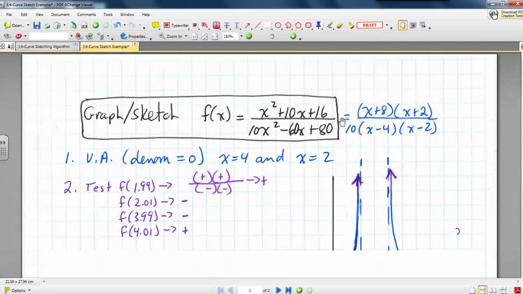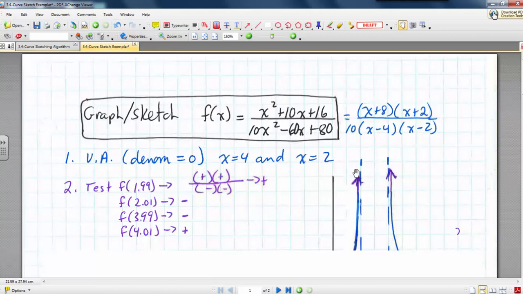If I put 1.99 into this first bracket, I get 1.99 plus 8, that's a positive value. 1.99 plus 2 is also positive. 1.99 minus 4 is negative. I'm going to get another negative, so I get positive, positive, negative, negative. And if I multiply and divide 2 positives and 2 negatives, I get a result that is positive.